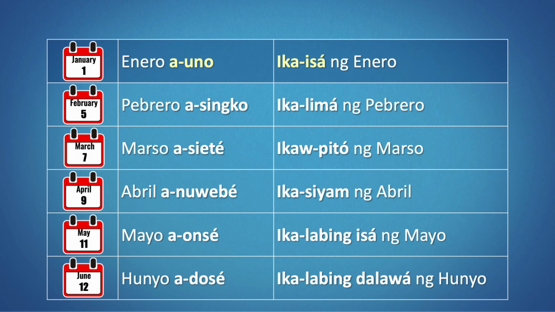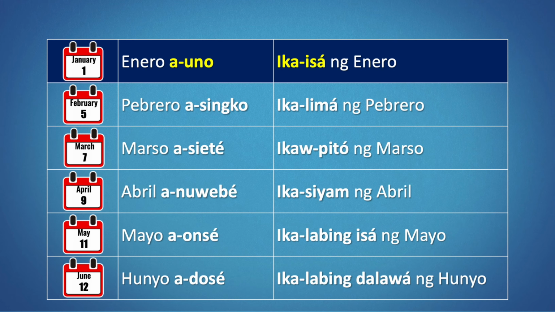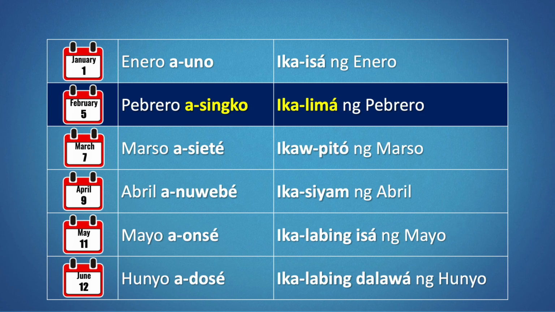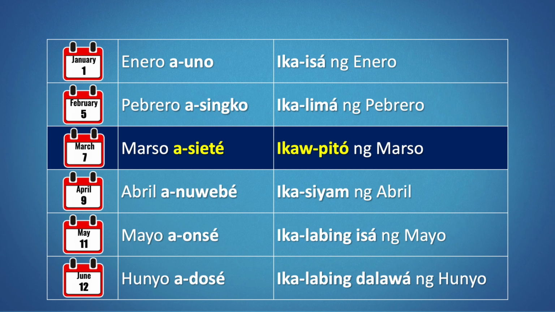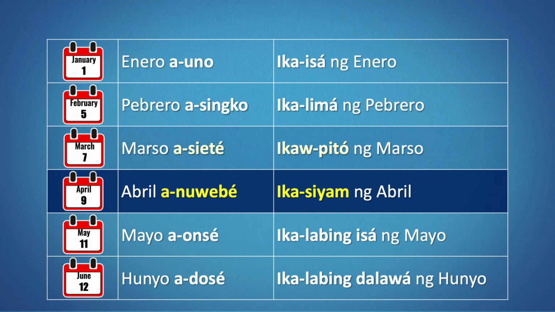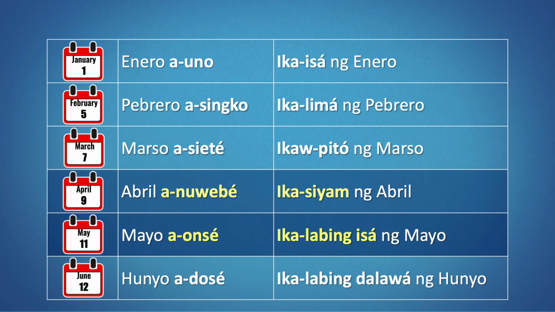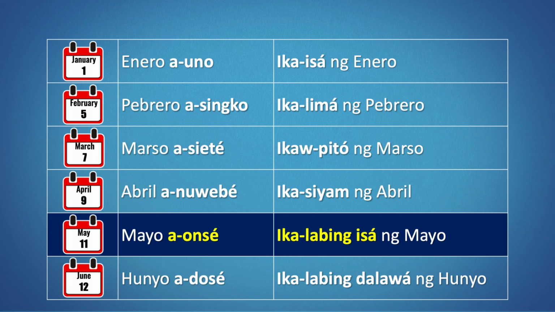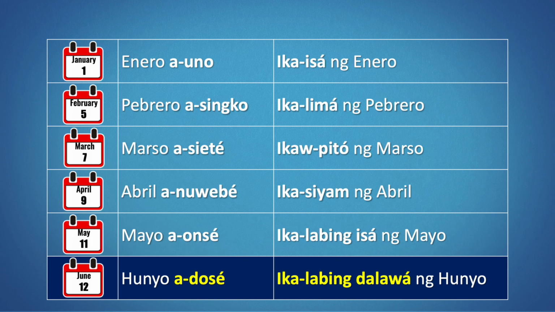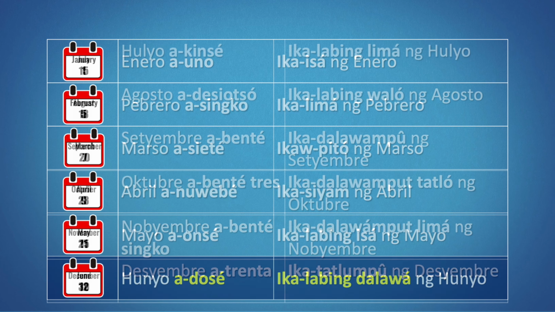For example, Enero a uno, ika-isa ng Enero. Pebrero a singko, ika-5 ng Pebrero. Marso a siyete, ikapito ng Marso. Abril a nuwebe, ikasiyam ng Abril. Mayo a onse, ikalabing-isa ng Mayo. Hunyo a dose, ikalabing-dalawa ng Hunyo.